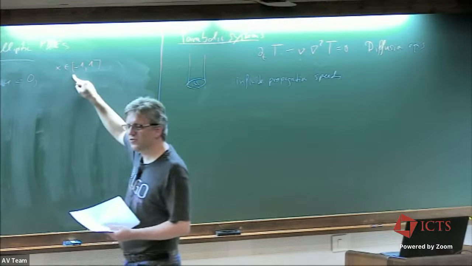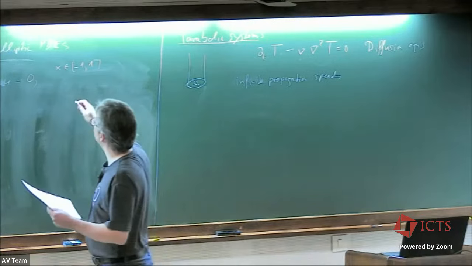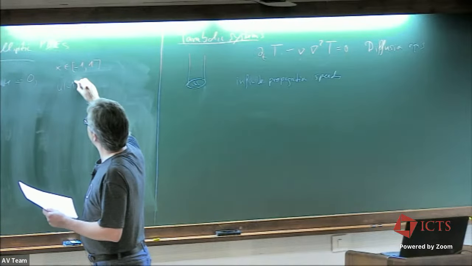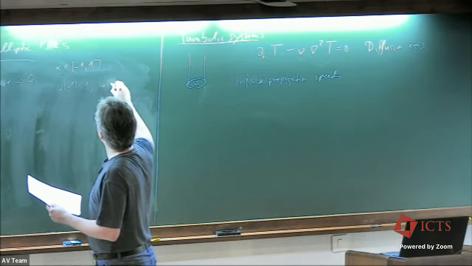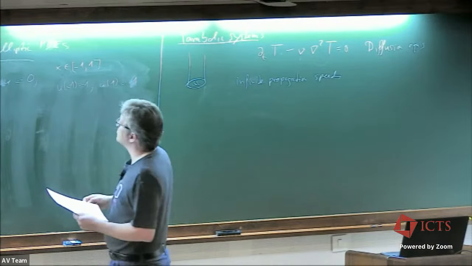This is from Boyd's book. I didn't choose this -1 to 1, but again, it's quite useful and neat. And we had as boundary conditions that at both ends, the function is supposed to be 1.